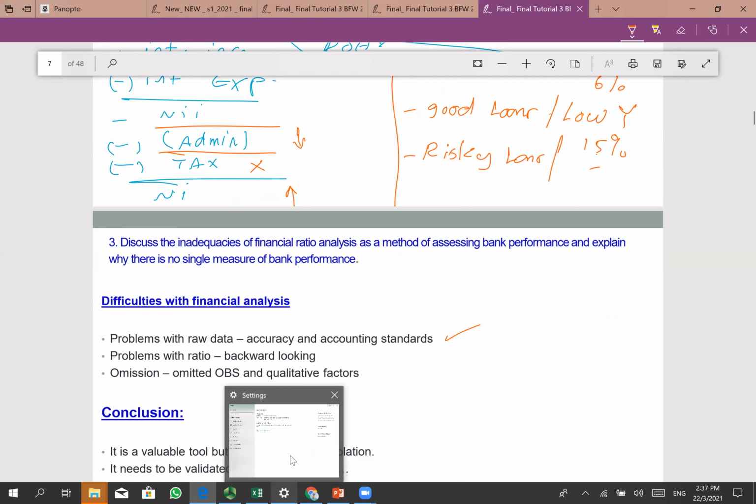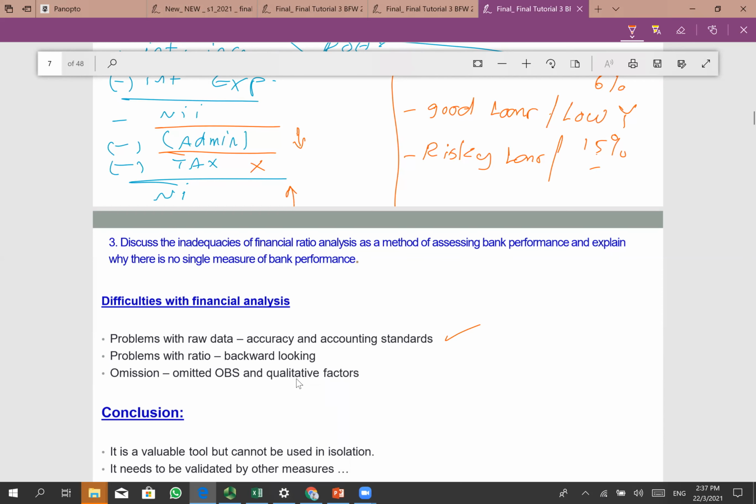So if you are taking this data from the financial reports, this is based on accounting standards that can be changed, and the numbers can be manipulated, and the ratios can also be manipulated.